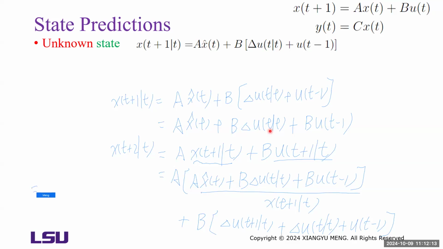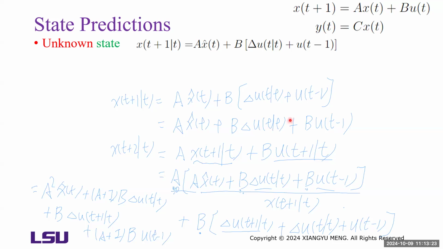Let's combine all the terms. We have A squared x hat t. For delta u(t|t), we have AB plus B, which is (A plus I) B. Next, for delta u(t+1|t), the only coefficient is B. Then for u(t-1), we have AB and B, so (A plus I) B u(t-1).